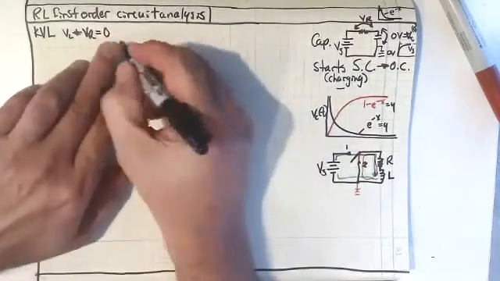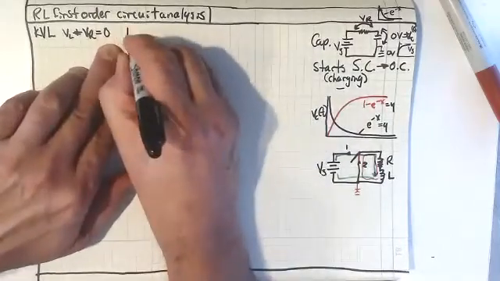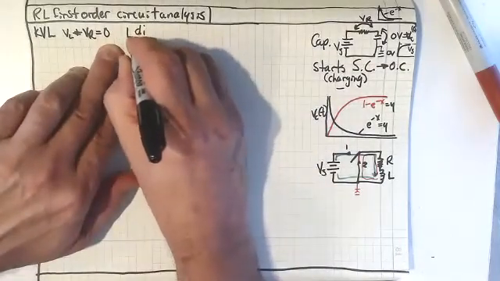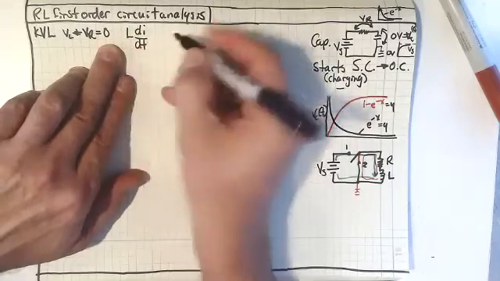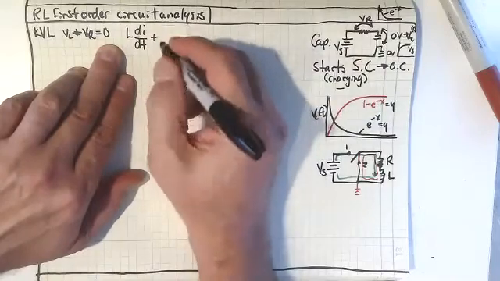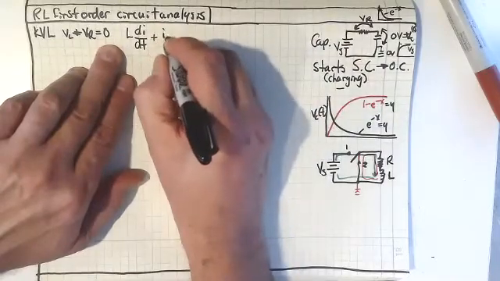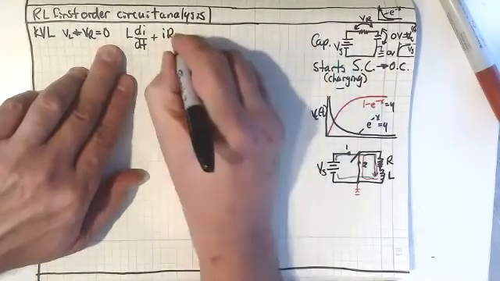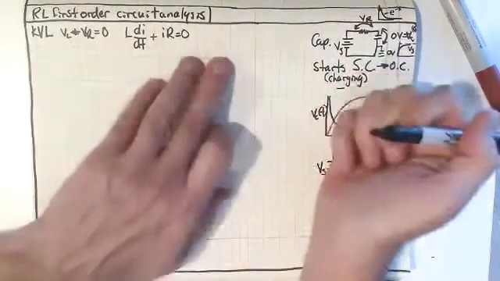And so if I look at the voltage across the inductor, I've got L di/dt. And the voltage across the resistor is just V equals IR, so that's just going to be I times R. And I know that that has to equal 0, right?